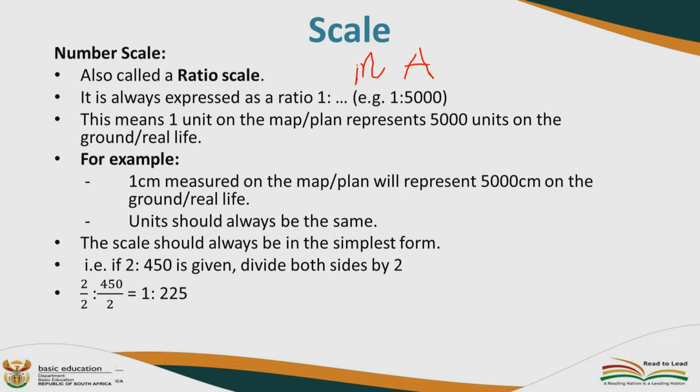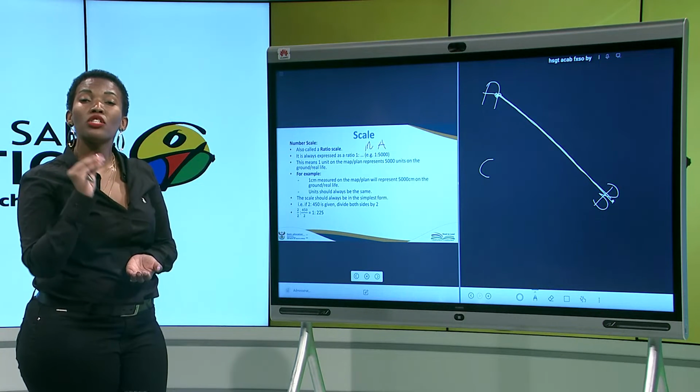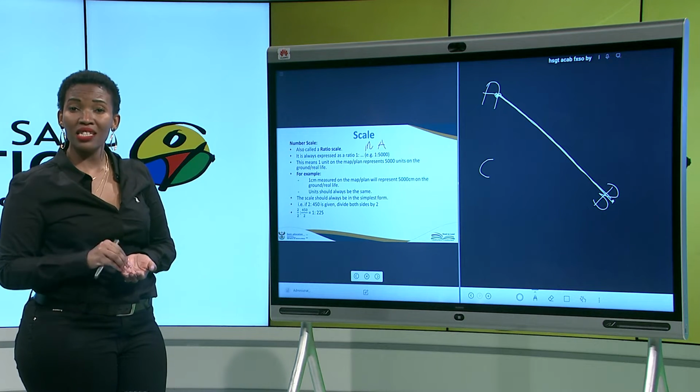Like I said, if you are given your scale, maybe you get a question that says, determine the scale that was used for this diagram. When you do your calculations, the examiner will not tell you that your scale must be in its simplest form. As a grade 12 mathematical literacy learner, you should know that your scale must always be in its simplest form.